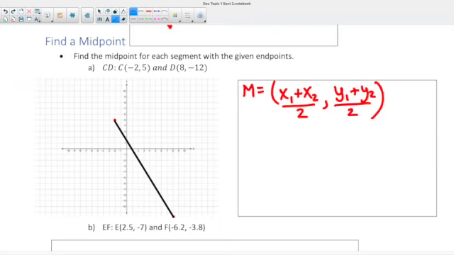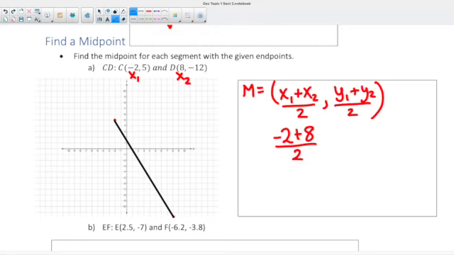All right, so x is going to be the first number. So we will label this as x1, and we'll label the 8 as x2. So x1, we're going to substitute in with -2, and we'll substitute 8 in for x2. And then we'll divide that by 2.